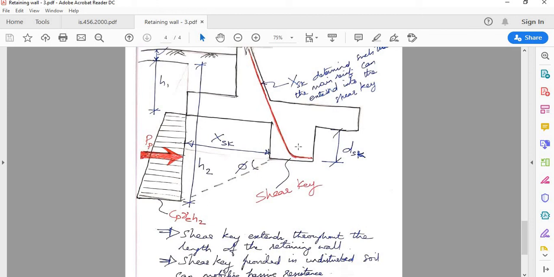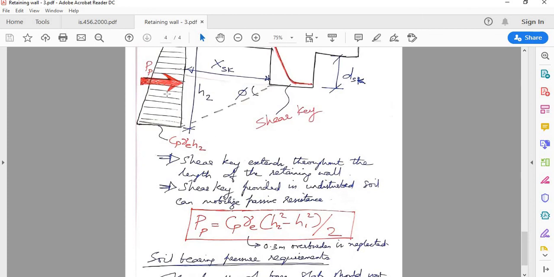Remember, why did we provide the shear key? The shear key is basically to increase the sliding resistance, since it is failing in the sliding check. Based on this shear key, you will get this passive earth pressure diagram. The resultant of this will be the extra passive earth pressure, which will increase the factor of safety in sliding.